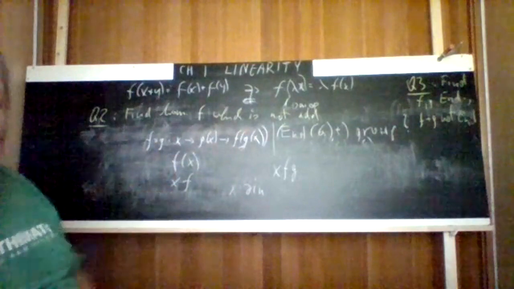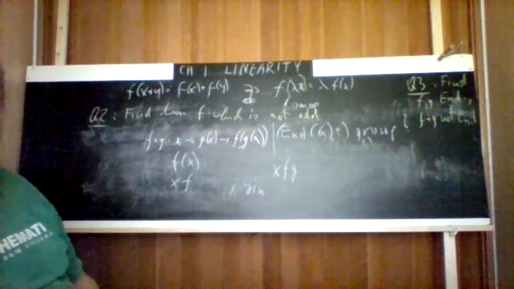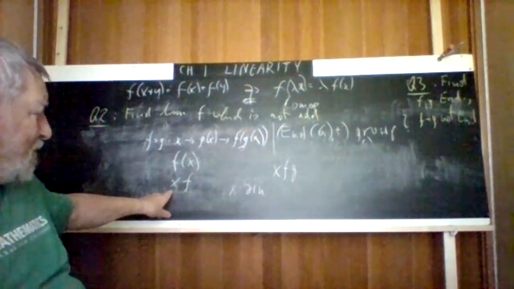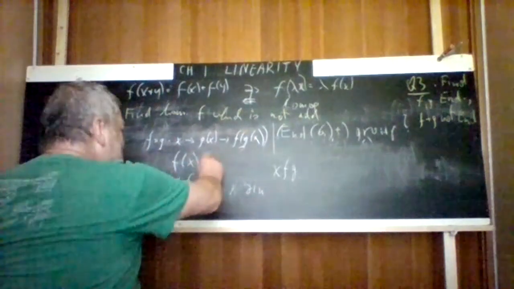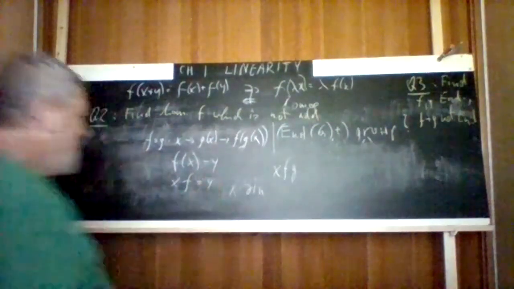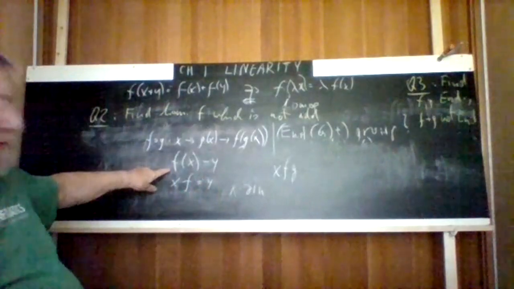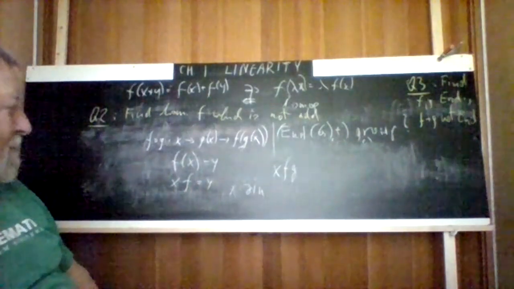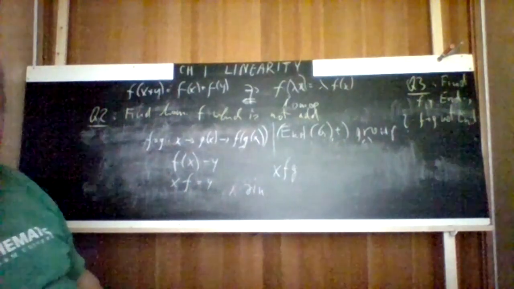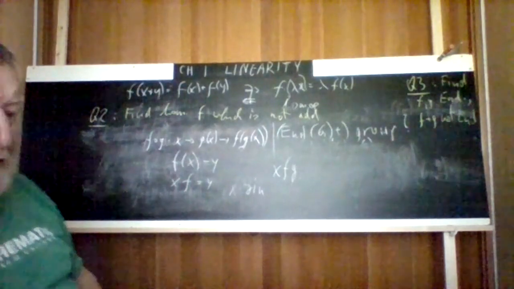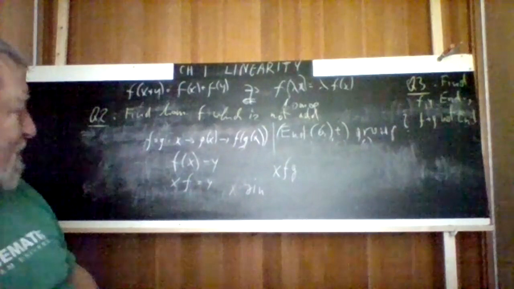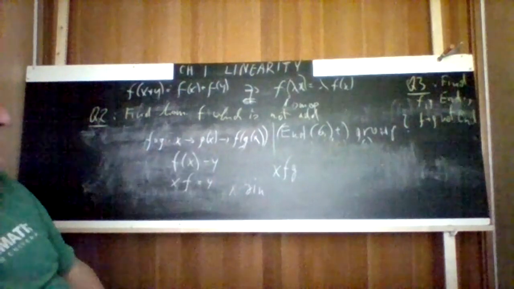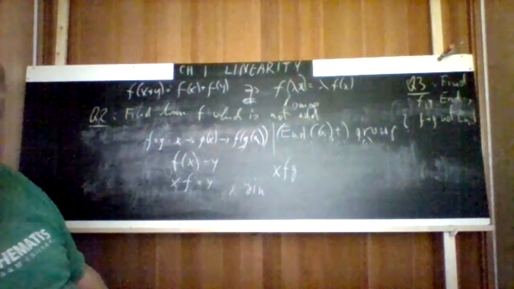Here x is there first, and x waits for the bus. The bus is F, which brings this x to some y. So here F is the starting point of the story, and here X is the starting point. One cannot say one of these ways to write things is better or worse, but maybe we'll stay with this way of writing. It might be more familiar to most of you.